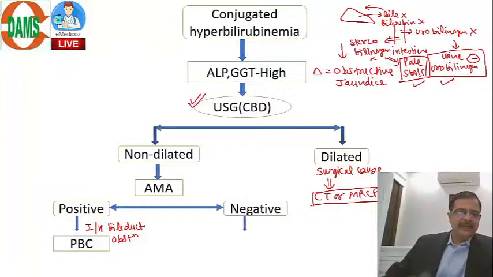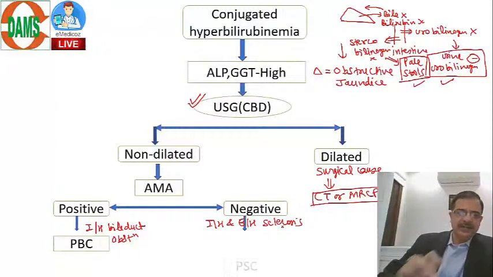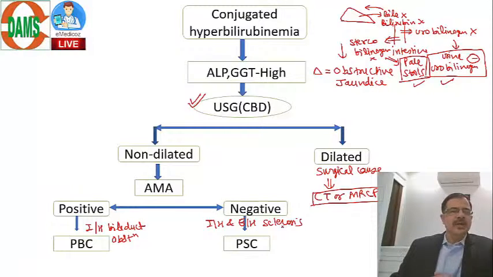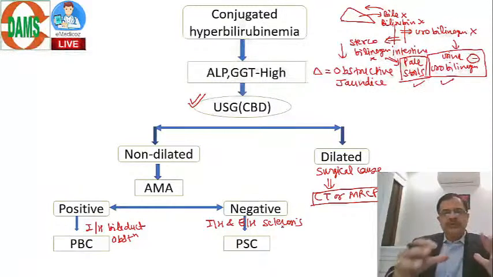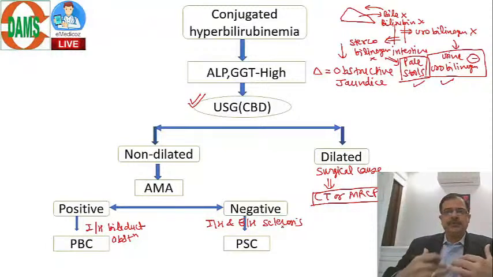While if AMA is negative, that means there is both intrahepatic and extrahepatic bile duct sclerosis. Sclerosis of the bile duct is known as primary sclerosing cholangitis. So this is how we differentiate the conditions of obstructive jaundice.